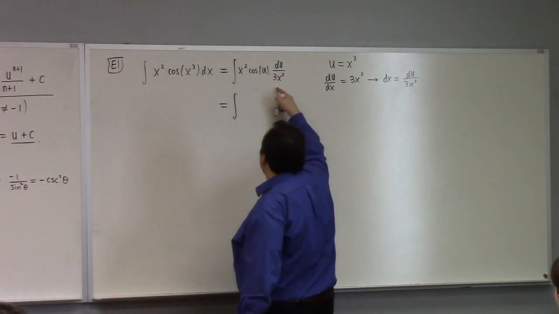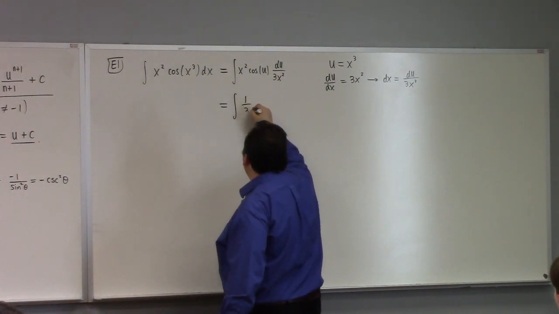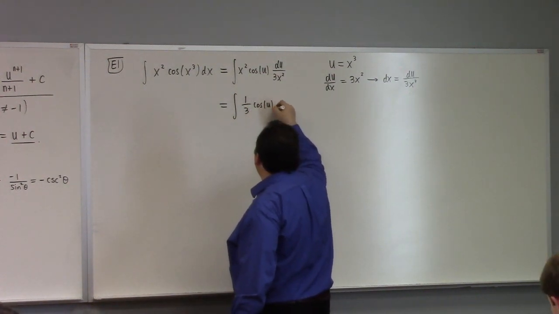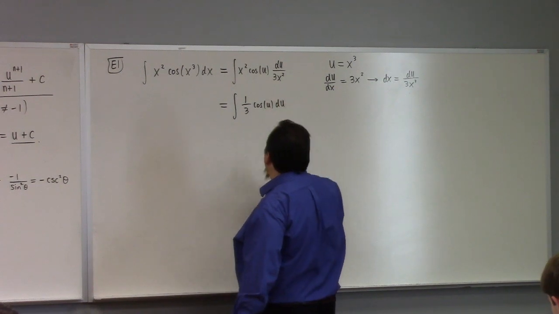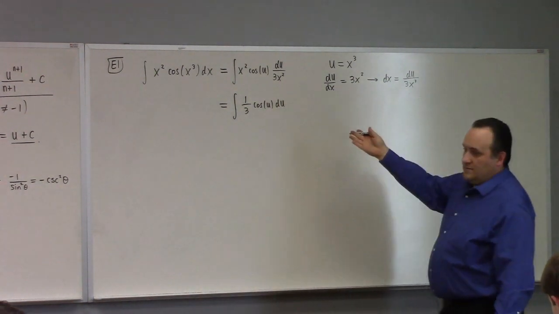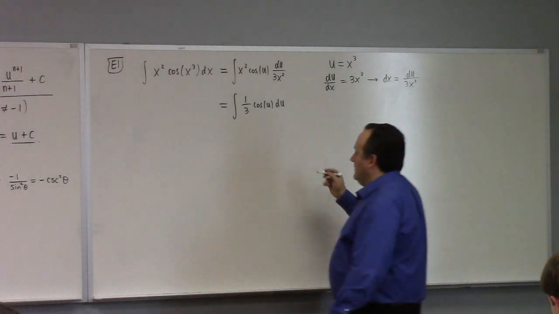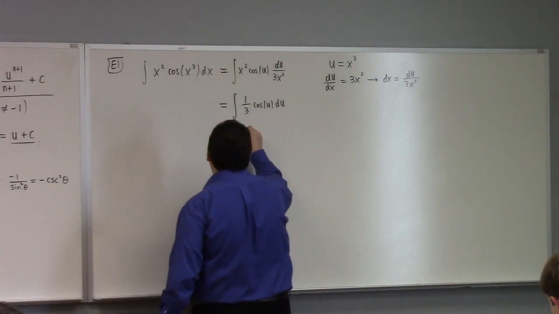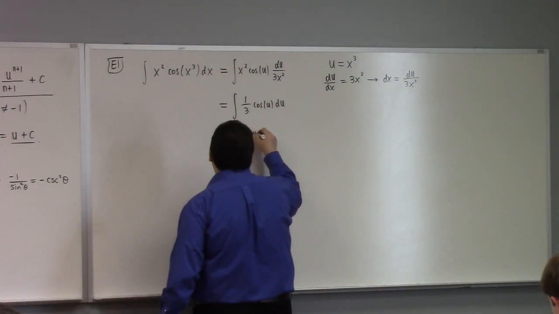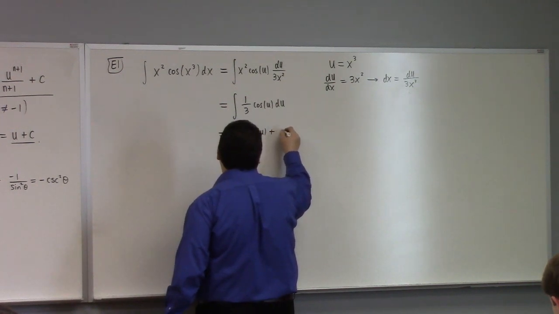The x squareds cancel, and we get 1/3 cosine of u du. Oh, hey, now that is something we already know. What's the integral of cosine? Sine. So this is 1/3 sine of u plus a constant.